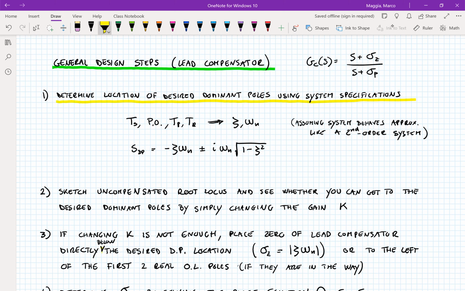So if you have specifications or requirements in terms of settling time, percent overshoot, peak time, rise time, then you translate them into regions of the complex plane on which you can pick your dominant poles. And eventually you have just to pick one location, which means that you have to determine a damping ratio and a natural frequency.